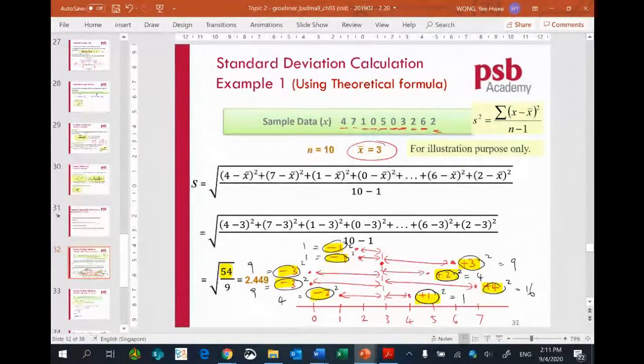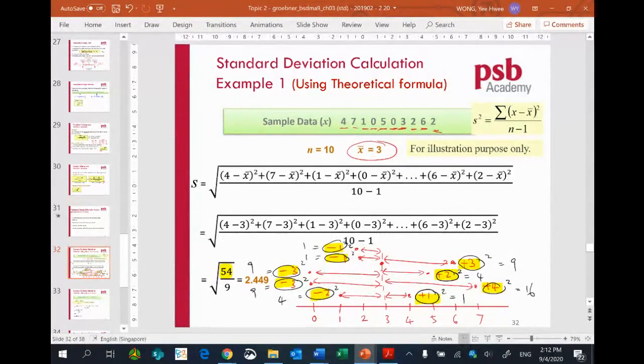In other words, 54 divided by the 10 numbers you have will give you the average squared distance from the center, which is the mean. 54 divided by 10 gives you the average squared distance from the mean, which is 3. Okay, so if you square root it, that will give you the average distance without the square.